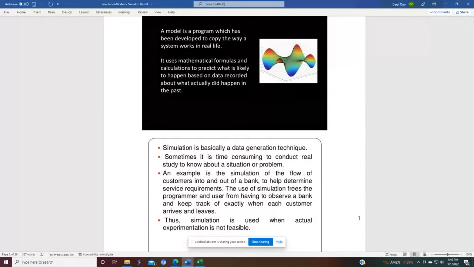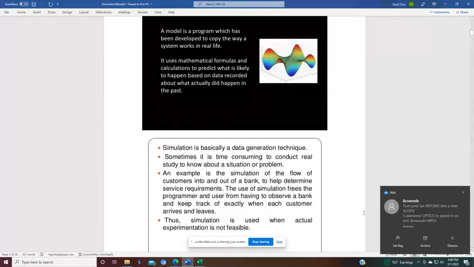One of the benefits of simulations is that in real life, it could be time consuming, it could be expensive, or it could be destructive to conduct a real life study of a situation or a problem.